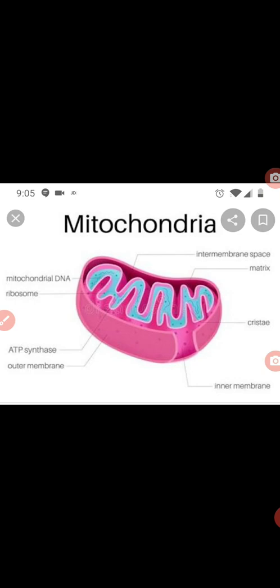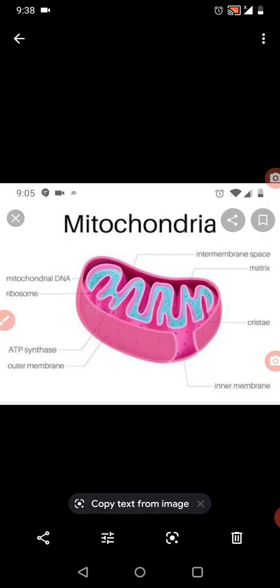The next point, children, is why it is known as the powerhouse of the cell. It is known as the powerhouse of the cell because during this oxidation process, energy is released. The name of that energy is ATP, adenosine triphosphate molecules.